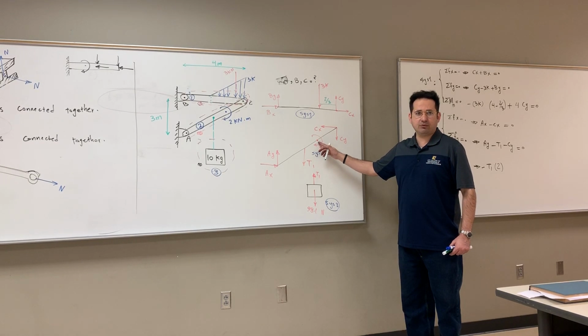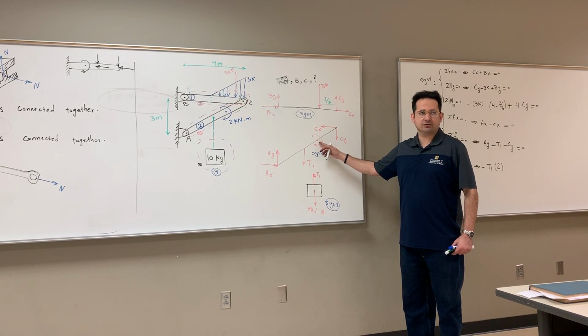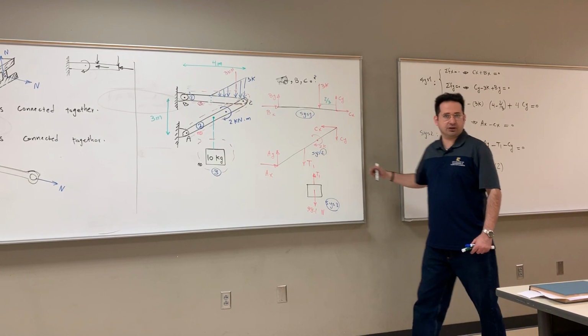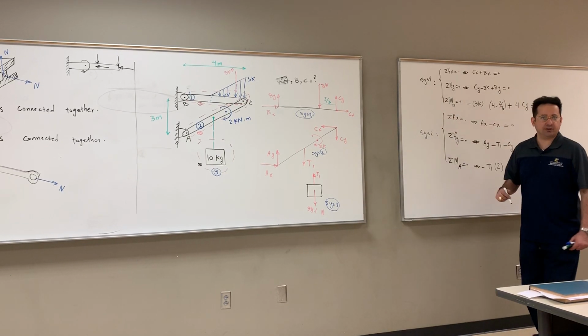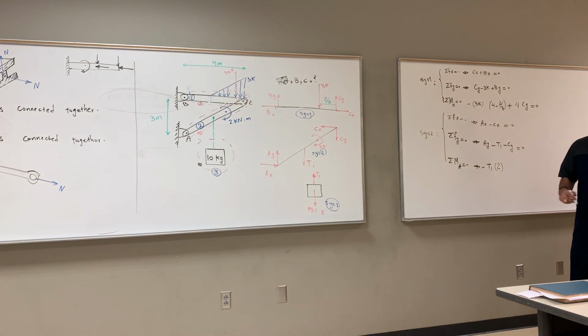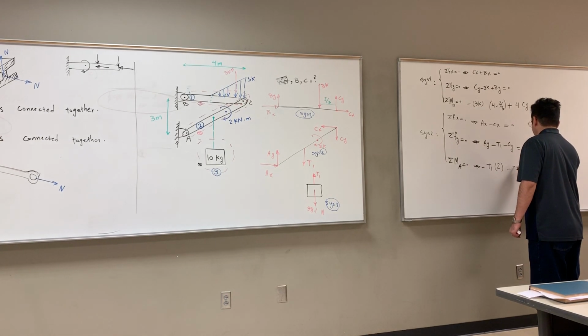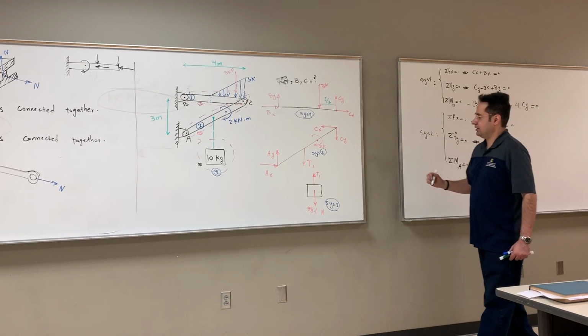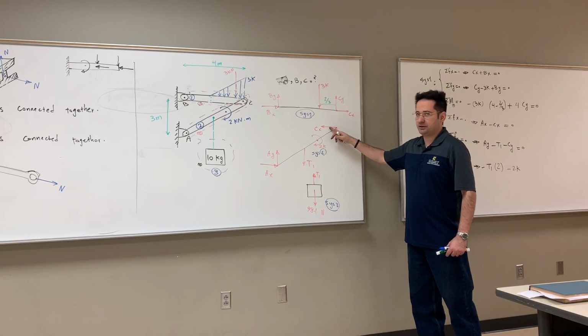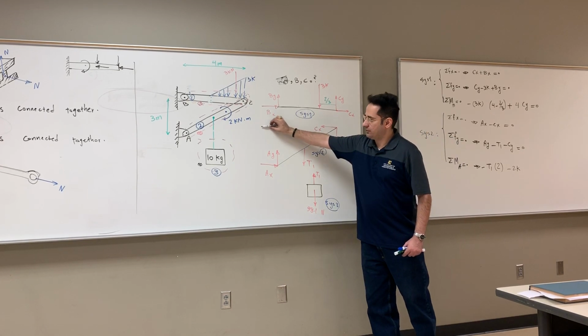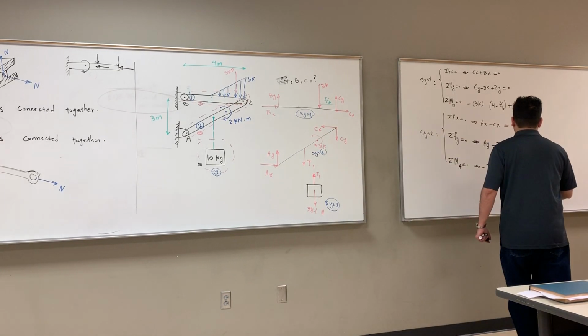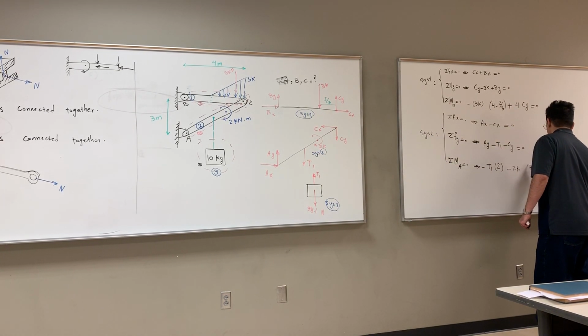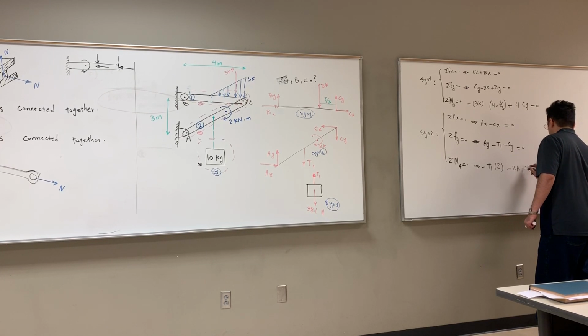Now go to the next one. What should I do with this couple moment? Minus 2K, just add it. You don't need the arm. It's already a moment. Negative 2K. And then 0, this guy is going through. This goes all the way here, so it's going to be Cx times, positive or negative?